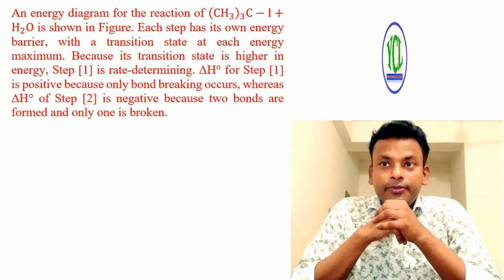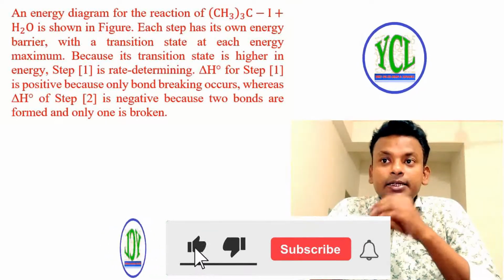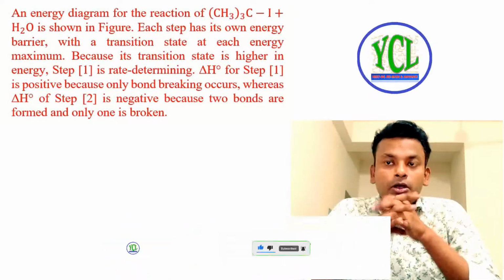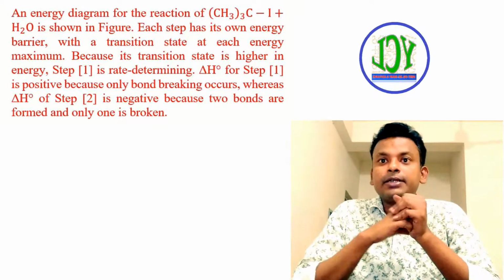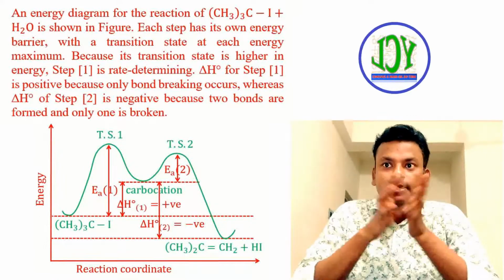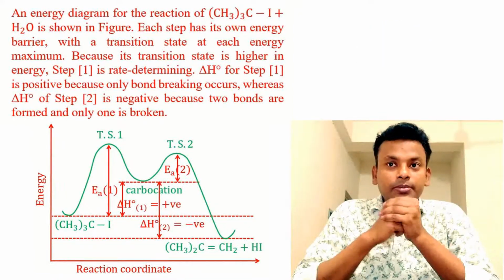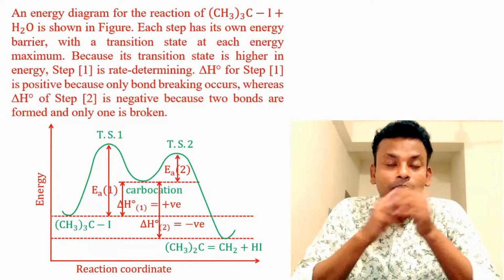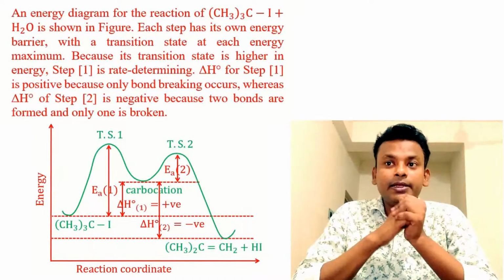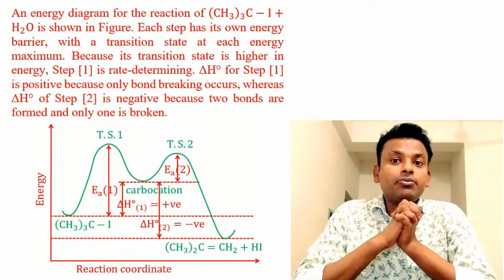Each step has its own energy barrier with a transition state at each energy maximum. Because its transition state is higher in energy, step 1 is the rate determining step. Delta G0 for step 1 is positive because only bond breaking occurs, whereas delta G0 for step 2 is negative because two bonds are formed and only one is broken.